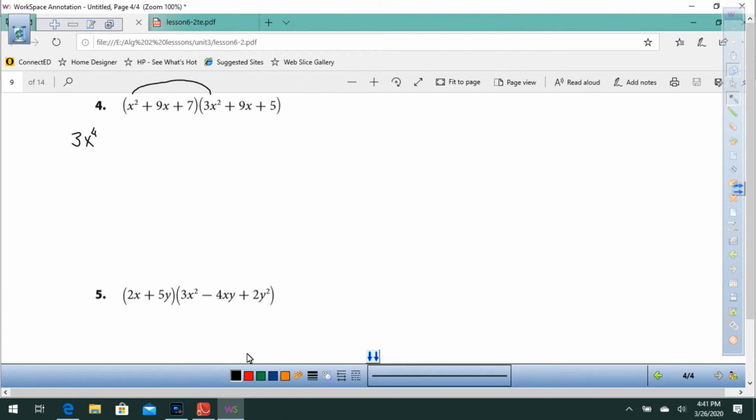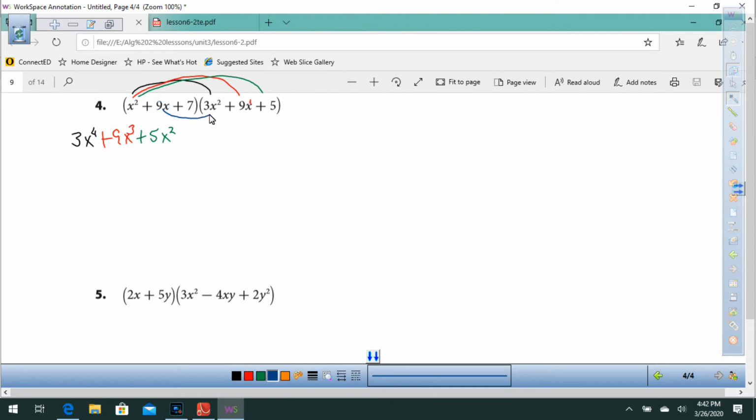Then you're going to have x squared times 9x. That's going to give you plus 9x to the 3rd. Remember, this is 9x to the 1st. You have x squared times 5. That's going to be plus 5x squared.